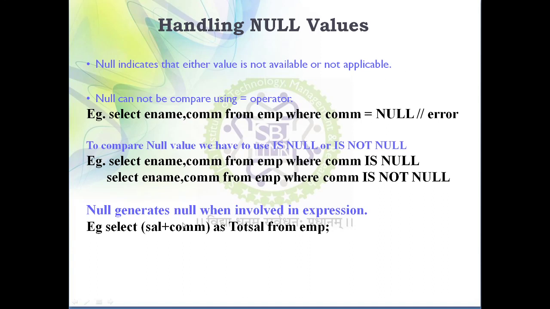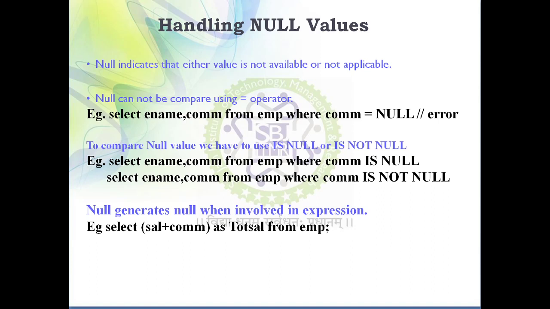So here we cannot compare by using the equals to operator. For that purpose two different predefined words are given to us. One is is null and the second one is is not null. So how can I write the query: select ename, commission from employee where commission is null. That means I am going to display the list of employees who do not get commission, that means their commission field is null. Then another one is is not null.